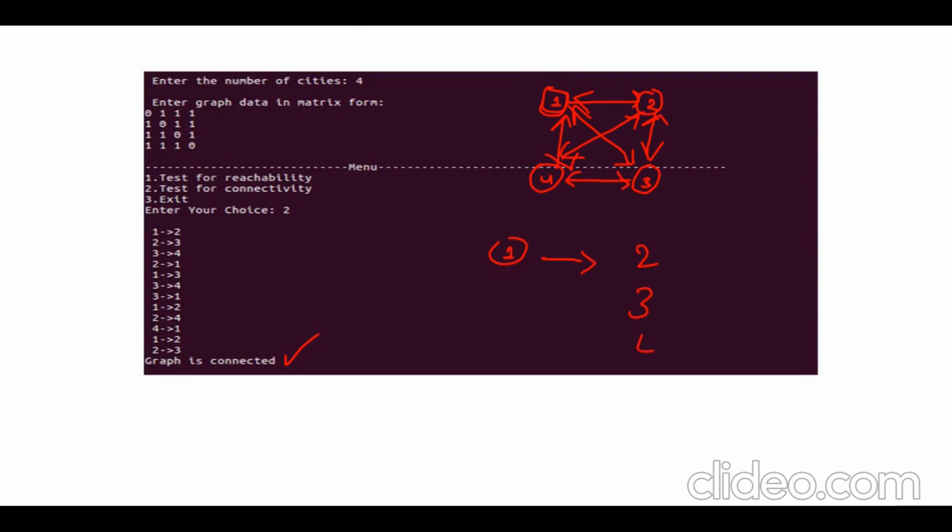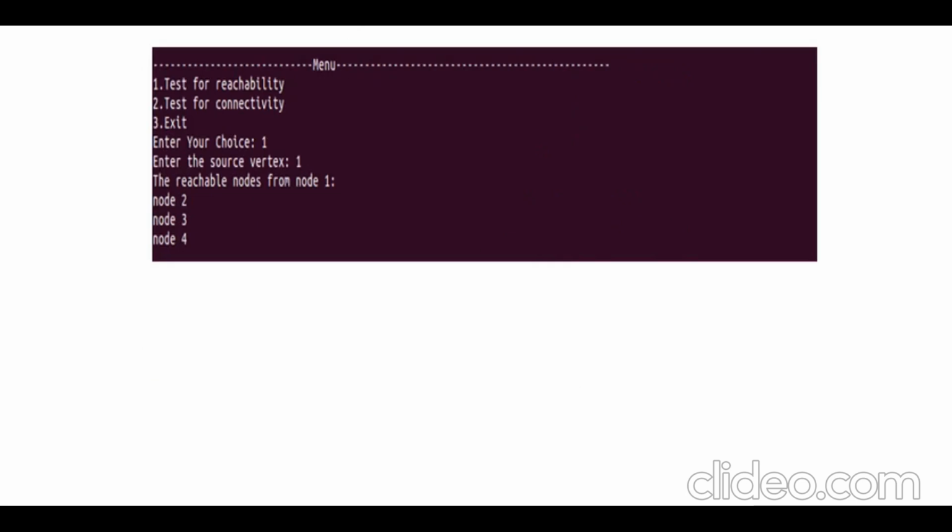So the reachable nodes from 1 are 2, 3 and 4. That is, if I give the source vertex as 1, it will give you the reachable nodes from 1. So here enter the choice 1, then enter the source vertex 1. The reachable nodes from node 1 are 2, 3 and 4.